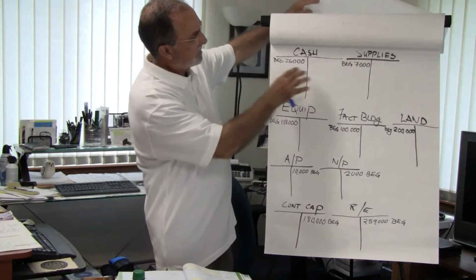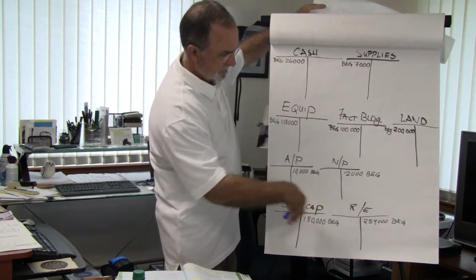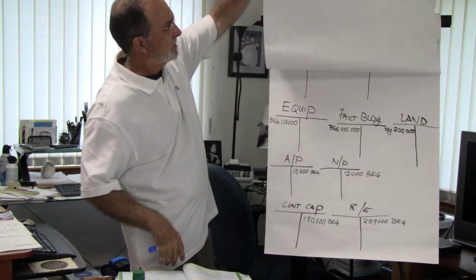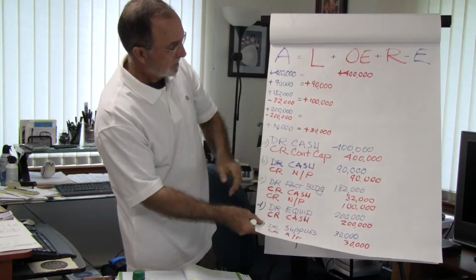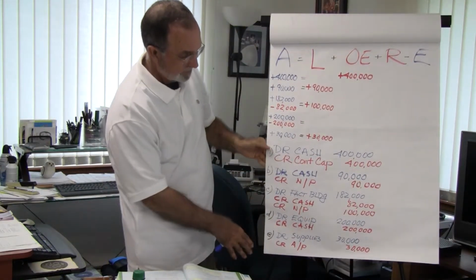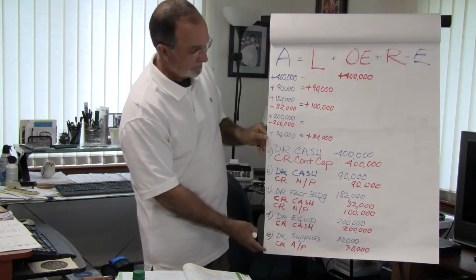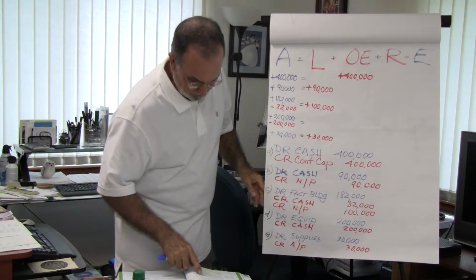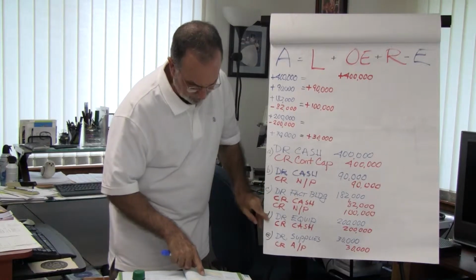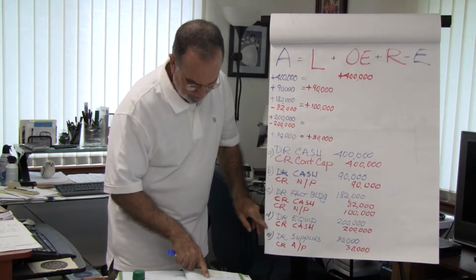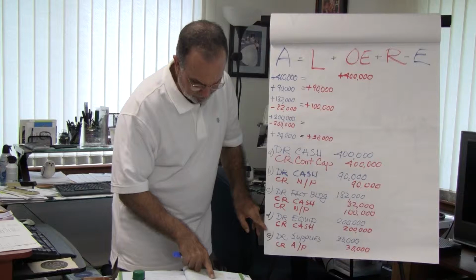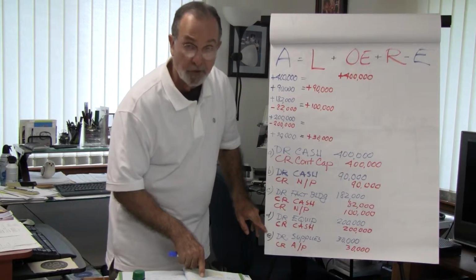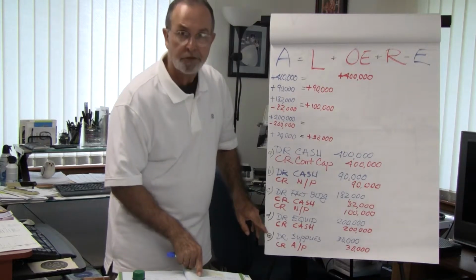Okay, so we have our beginning balances in each of our T accounts, and we also have our 5 transactions that have been journalized in journal format. So for requirement 3, it says to summarize the journal entry effects from requirement 2 using T accounts.